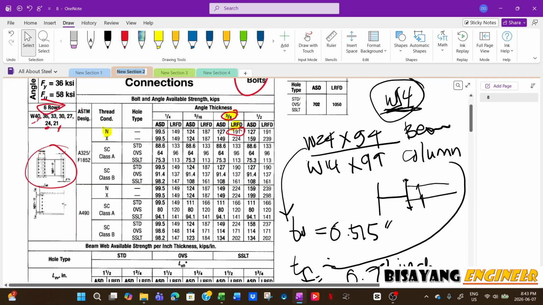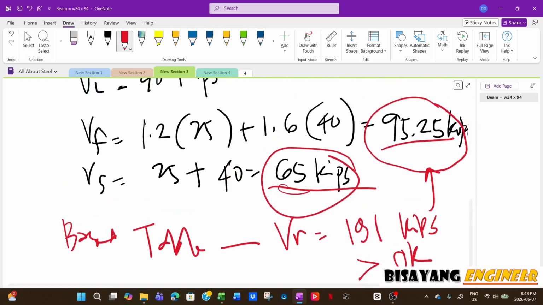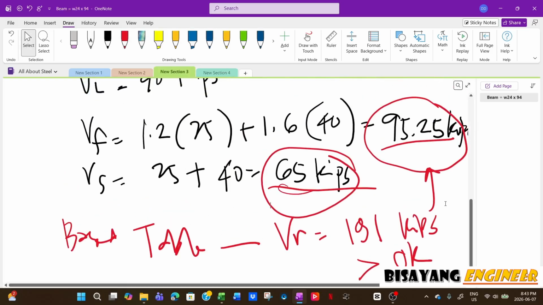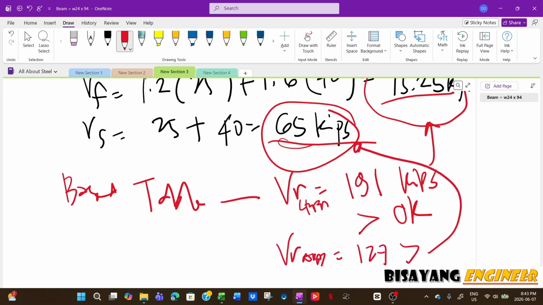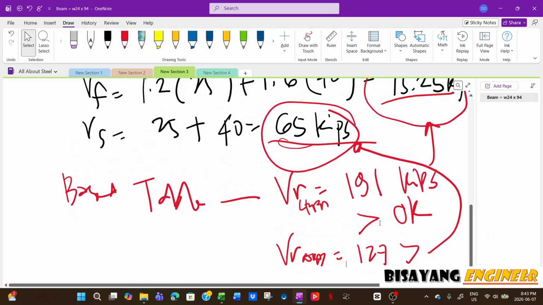The capacity based on ASD, the allowable stress design, is what? 127. Then compare that to this one, which is 65. So this is LRFD, and the resistance based on ASD is equal to 127, which is greater than 65. So therefore, your connection is okay.